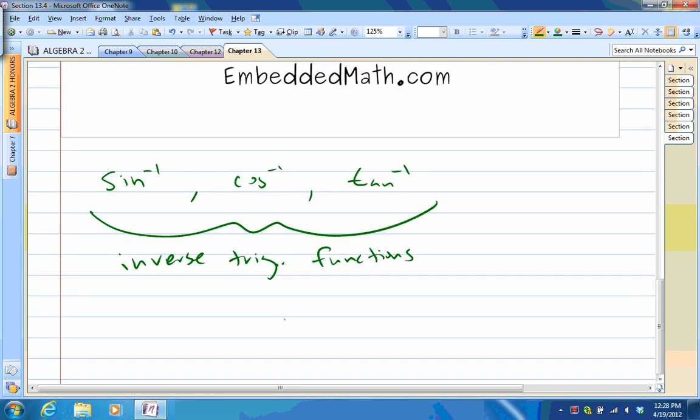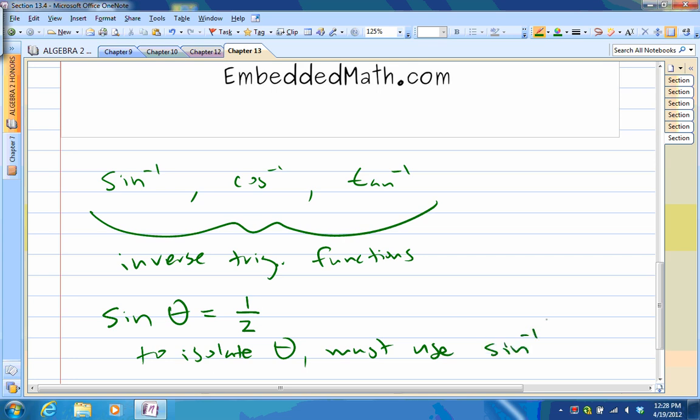And they're really not too bad. Say, for example, sine theta equals 1/2. To isolate theta, you must use sine -1.